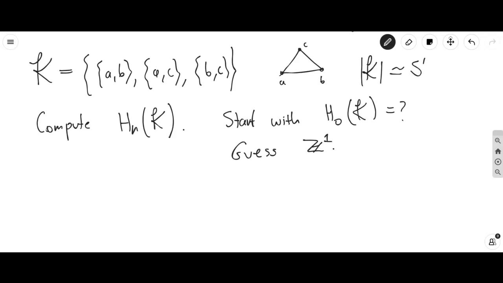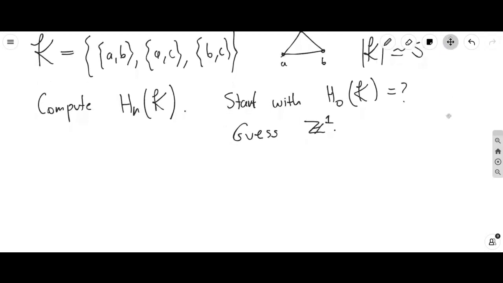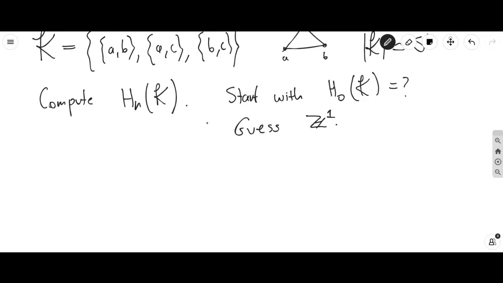But let's carefully go through the definitions and see why that is how it works. To calculate the zeroth homology, we start with zero chains. Then you have to look at the preceding chain, C1 of K, and then you have the following chain. Now there's nothing that goes after C0.